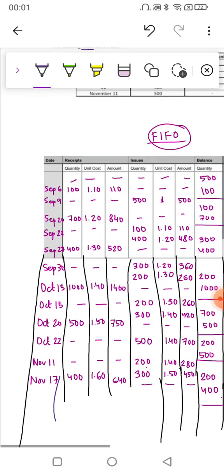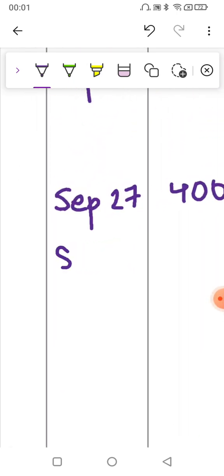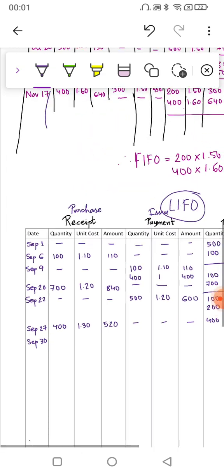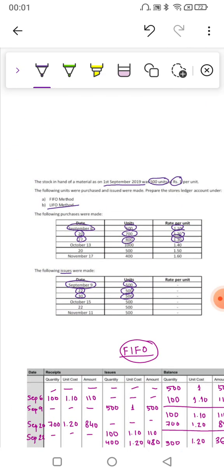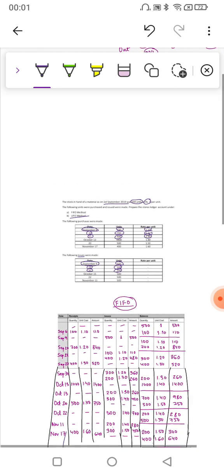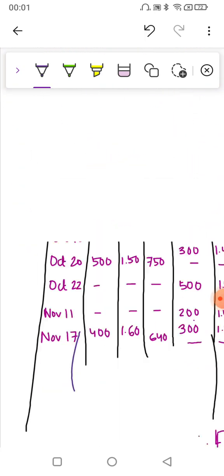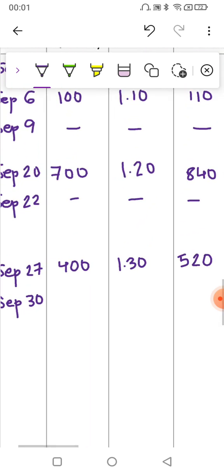So on September 30, 500 units were issued, nothing purchased.